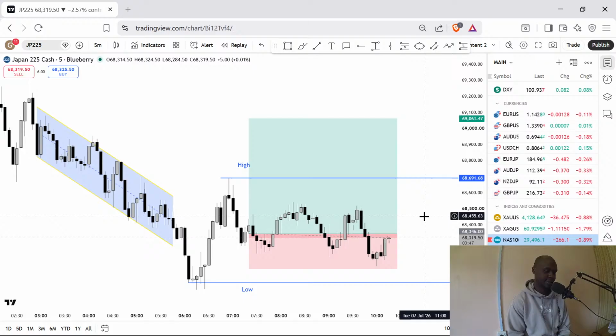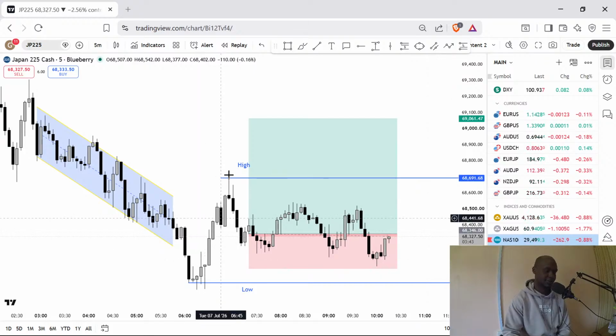As I've said, hopefully we can now get consecutive bullish candles. If we just get a push like this one, we're going to be able to break past this high. I'll be able to at least move my stop to break even.